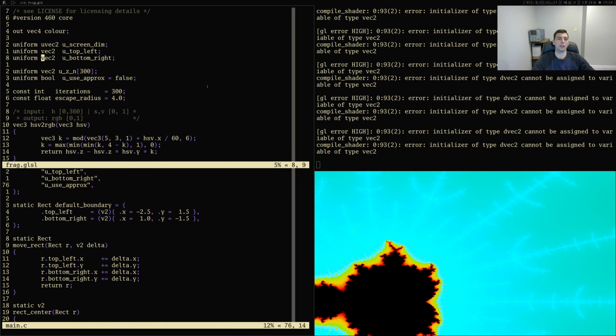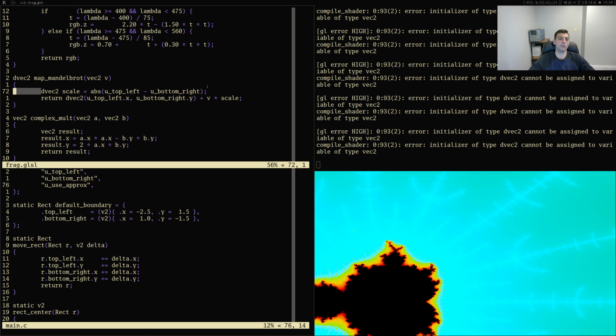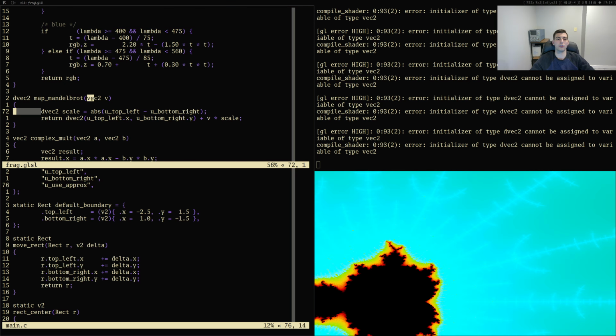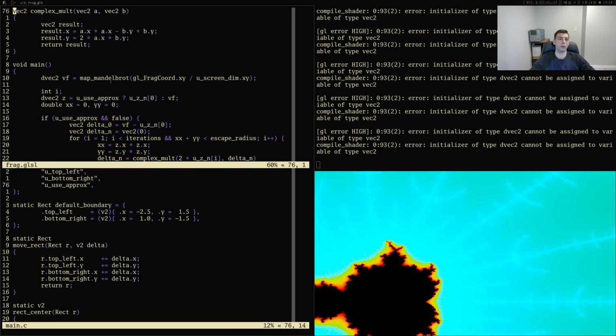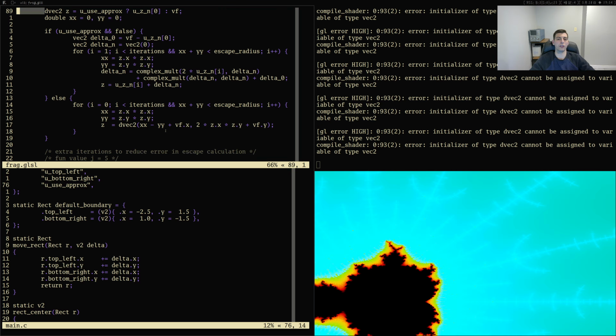dvec2, dvec2, dvec2. Initializer of type dvec2 cannot be assigned to variable of vec2. So where would that be? We're not using this function right now.